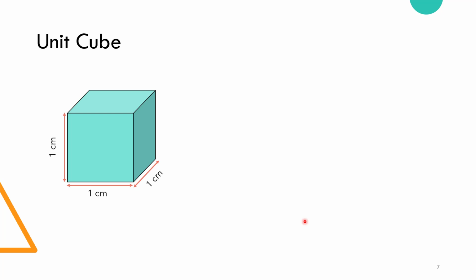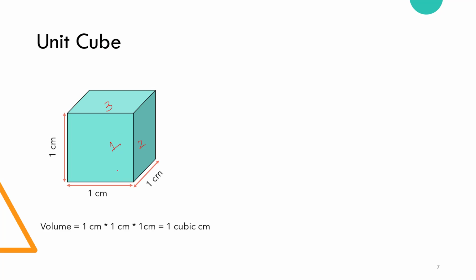This cube is basically called a unit cube. What do we mean by a cube? It has 6 faces. If you see, this is face number 1, this is face number 2, this is face number 3.